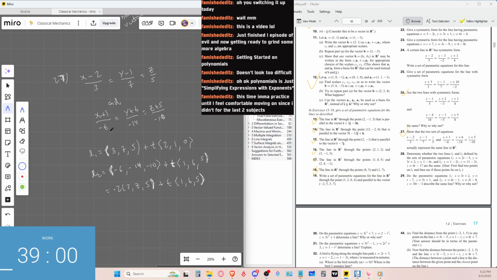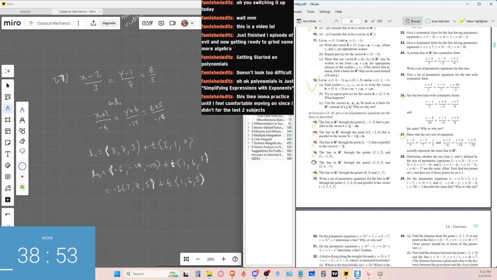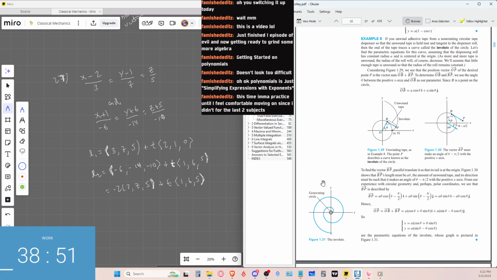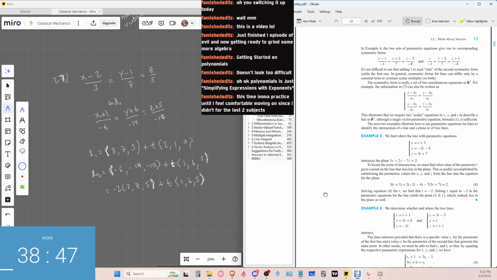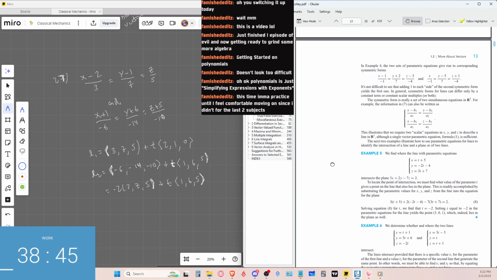Because wait, hold on. Is the bottom the vector or is it the top? I'm pretty sure the top is the vector that's minusing it, right? Let's see, the symmetric.